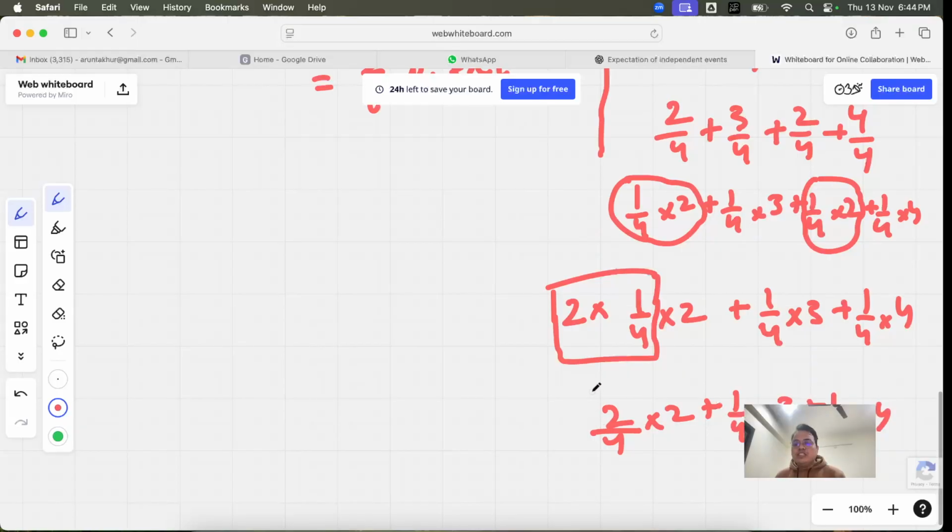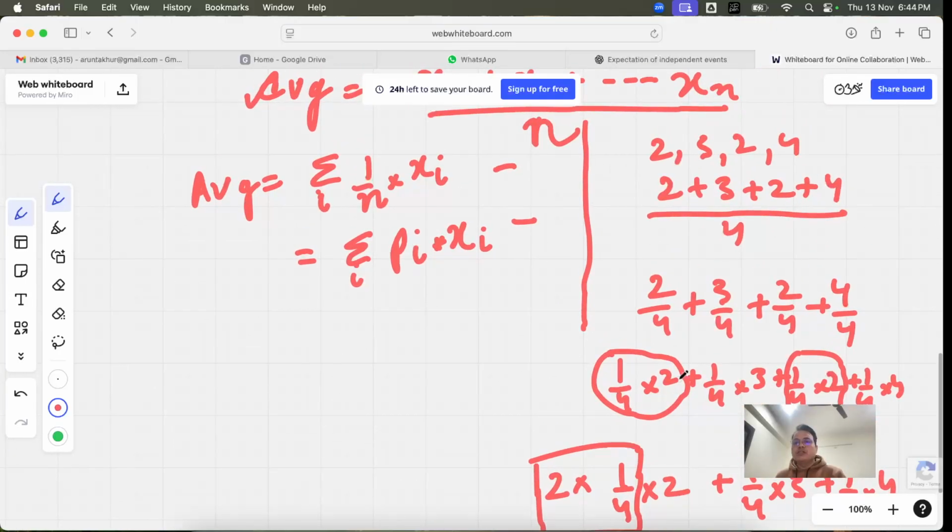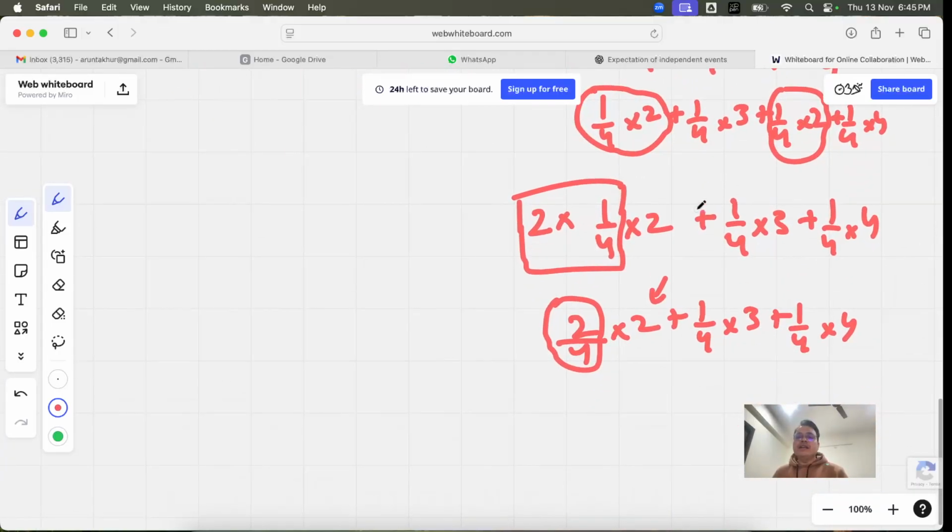Now, what is this 2 upon 4? It is the probability of seeing 2 in the sequence of numbers. The sequence was 2, 3, 2, 4, and 2 has appeared twice out of 4 total appearances, so the probability of seeing 2 by this estimation is 2 by 4.